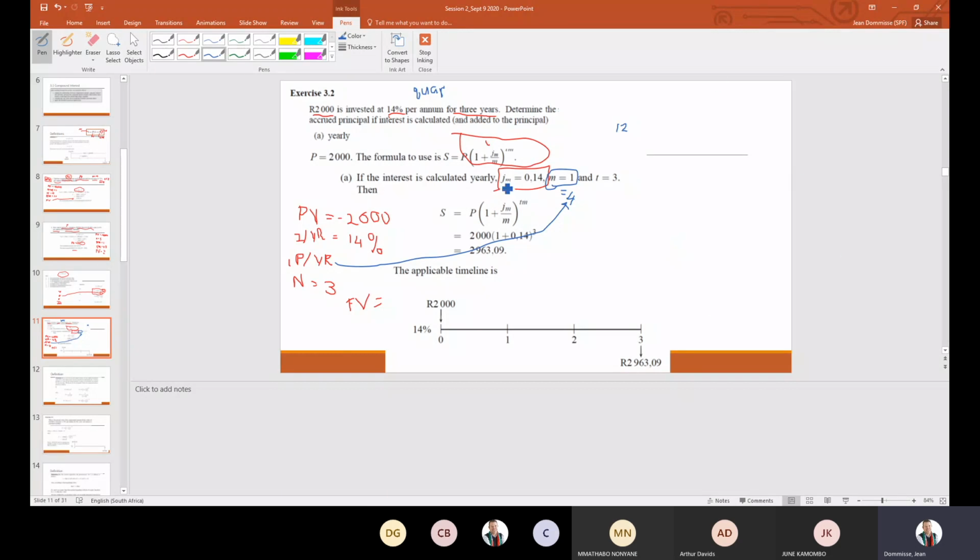Then suddenly the answer that I get is that my future value is 3,022 Rand and 14 cents. So just by changing the way that the interest is structured, you suddenly get a bigger amount.